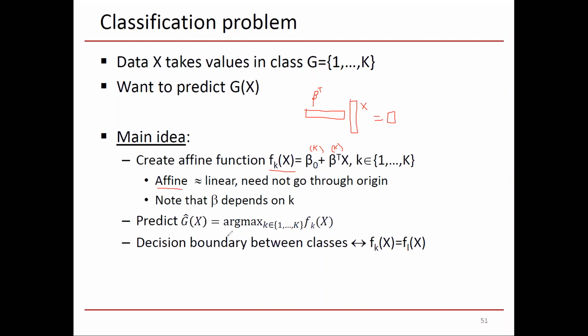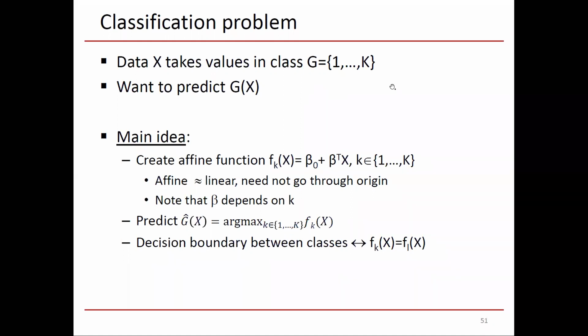That's why we have argmax of f_k of x, argmax over the k's. Now, what if f_k of x is equal to f_l of x for k and l both elements of the set of possible classes from 1 to capital K? In this case, we have a decision boundary between two classes. The two scores are equal, and choosing either would be appropriate.